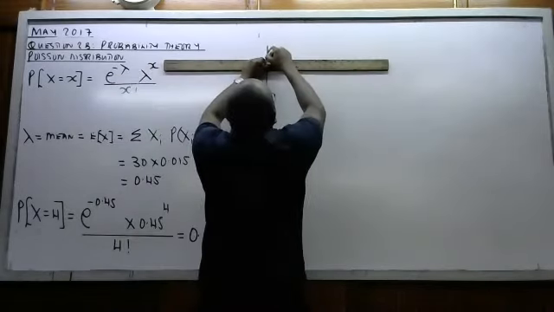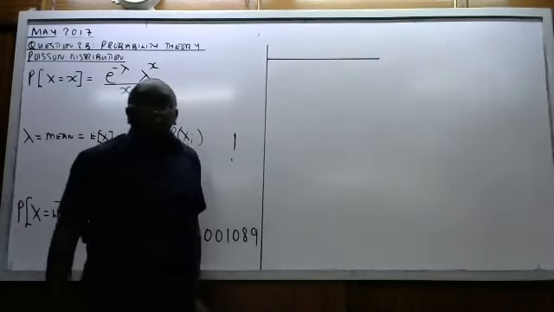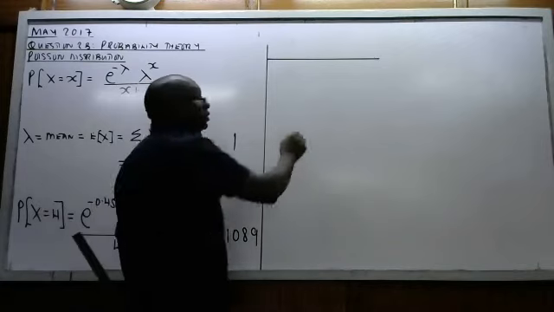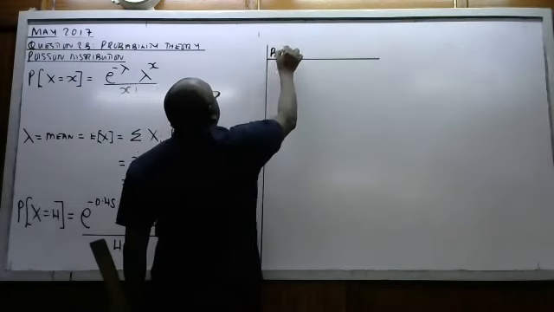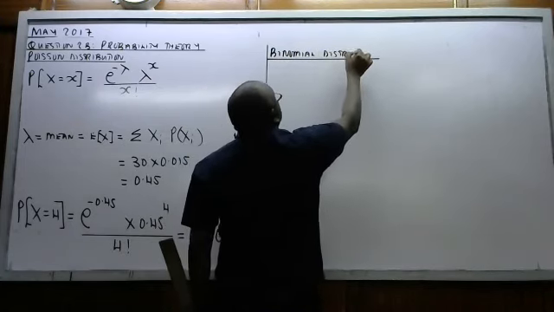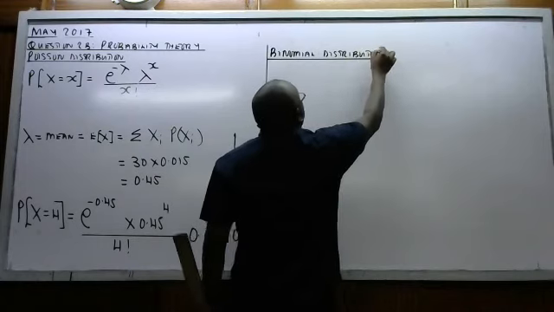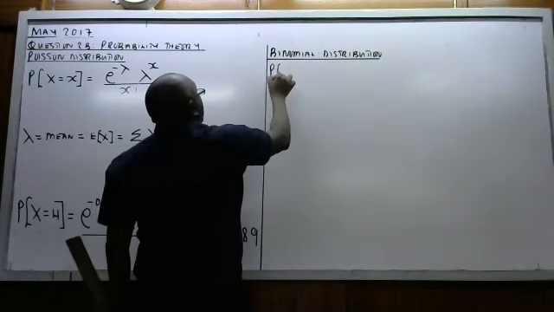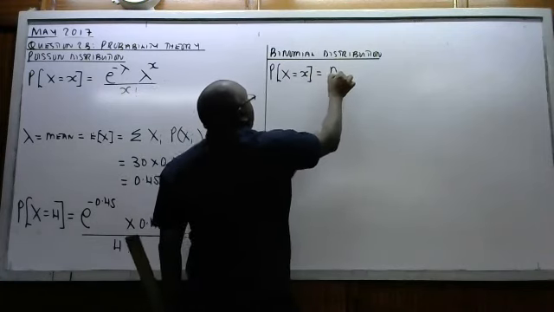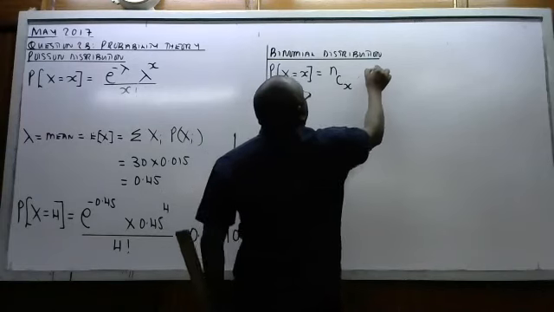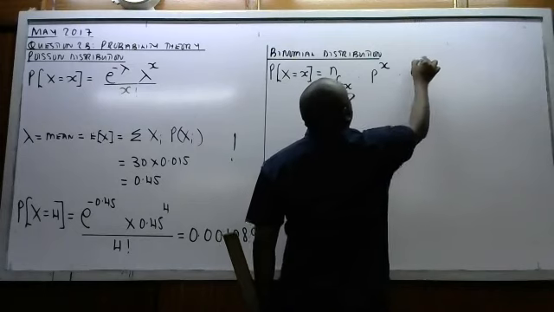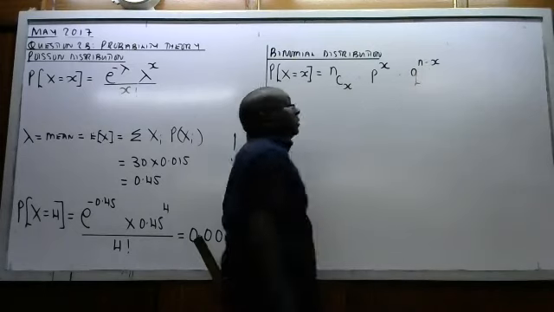The next one, you are told to do the same using binomial distribution. So for the binomial distribution, the formula we know: probability that x is equal to x is given as nCx, p raised to x, q raised to n minus x.